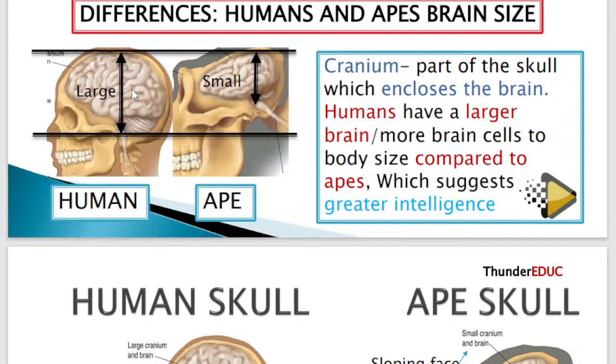If you have more brain cells, those brain cells can bring about intelligence. And if you look at this, the brain cells are very minimal, meaning that we have fewer brain cells there. Therefore, the intelligence is low. Why is this one big and this one small?